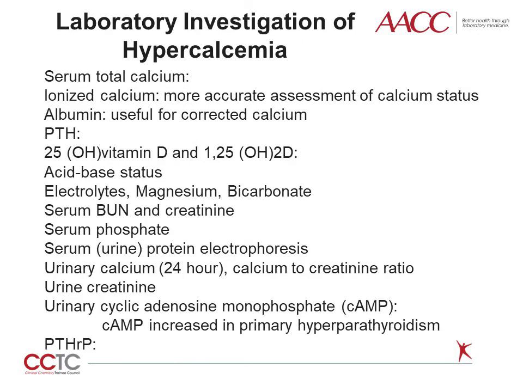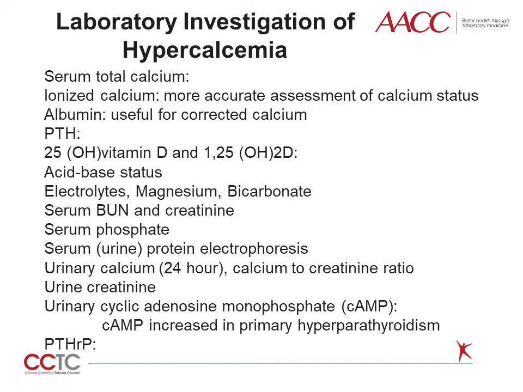A number of laboratory tests can be used for assessment of hypercalcemia. These include serum total calcium, ionized calcium, albumin, PTH, 25-hydroxy vitamin D, and 1,25-dihydroxy vitamin D, acid-base status, electrolytes, magnesium, bicarbonate, serum BUN, creatinine, serum phosphate, serum or urine protein electrophoresis, 24-hour urine calcium to creatinine ratio, or urine creatinine.